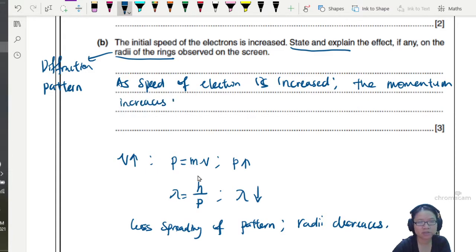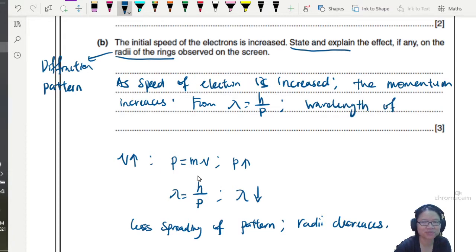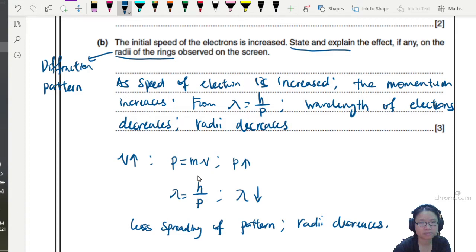From lambda equals h over p, the wavelength of electron, it never feels quite right when I write wavelength of electrons, but it's correct in this chapter or in the world of quantum physics, the wavelength of electrons decreases, and because of this, the radii decreases. So that's all. Just mention wavelength of electron decreases, radii decreases.